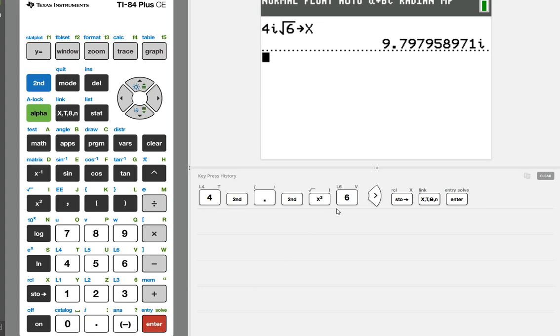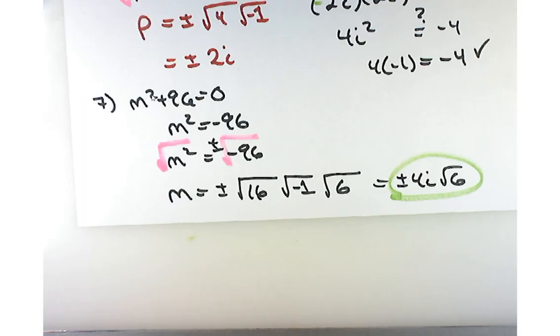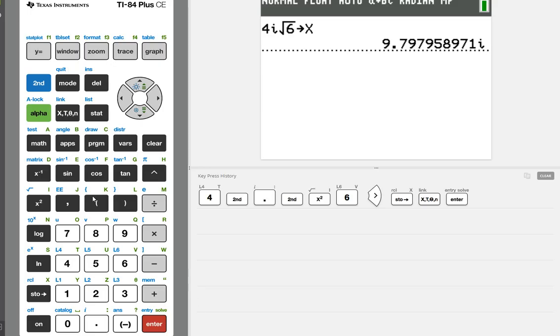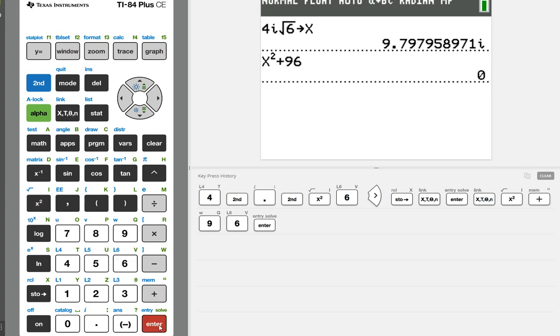What I want to see is if I square this and add it to 96, do I get 0? So basically I'm treating the x as an m. Let's take this value, x, square it, plus 96. Hold your breath, any bets? 0. And if you're nervous about that, just do x squared. x squared should equal negative 96, and it does. So you can check these things. I encourage that.